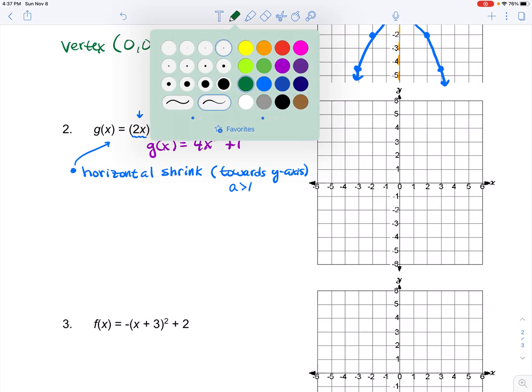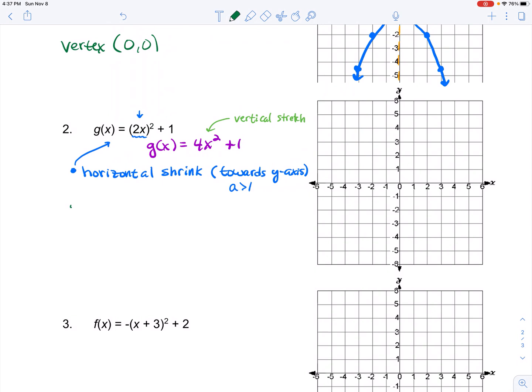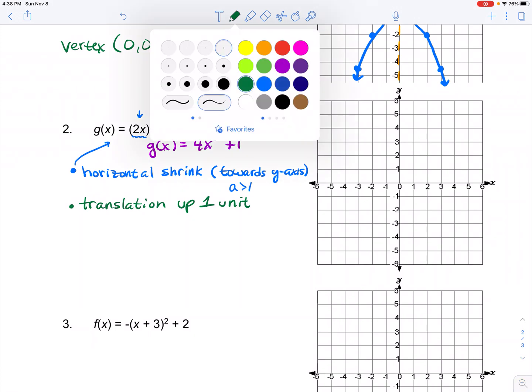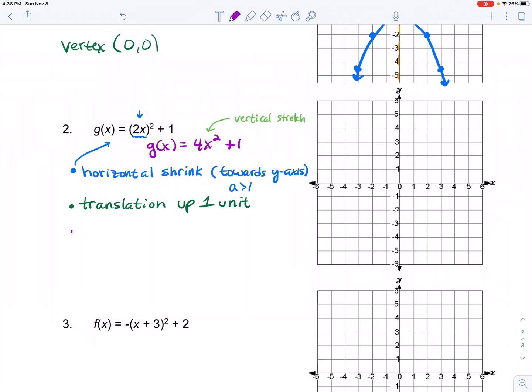Okay, the plus 1 at the end means we have a translation up, because it's positive, up 1 unit. And a is positive, so it's going to open up as a normal parent function.